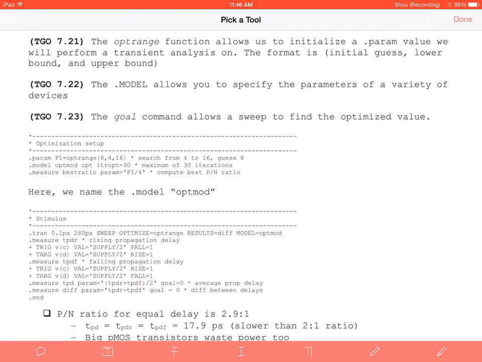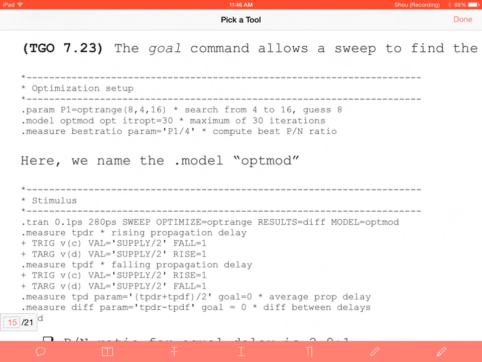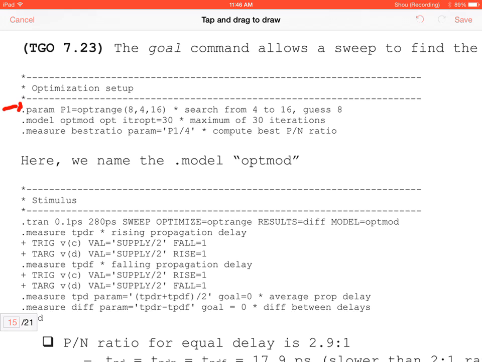So you have your optimization set up, and here is what we're doing. We have defined our parameter, and we use the opt range function, where our initial guess is 8, and our range is from 4 to 16.